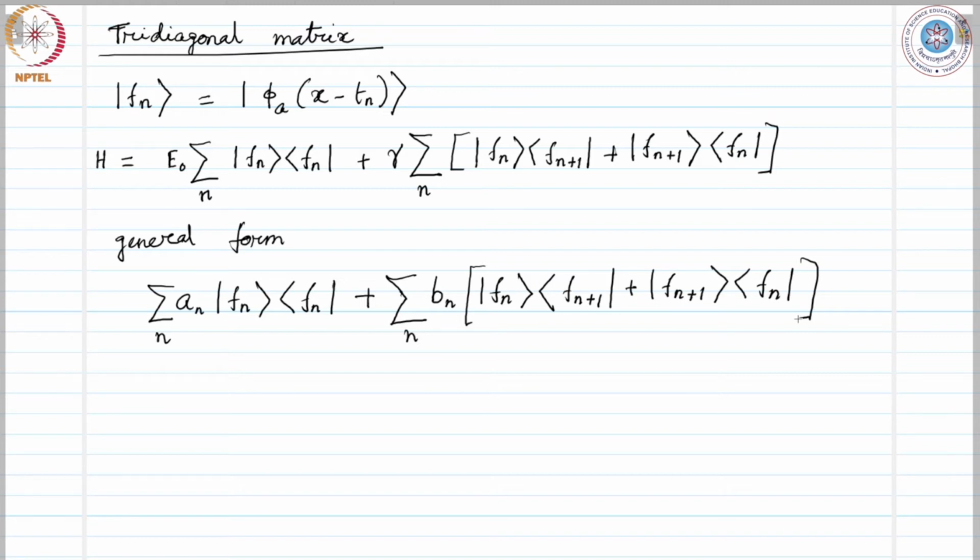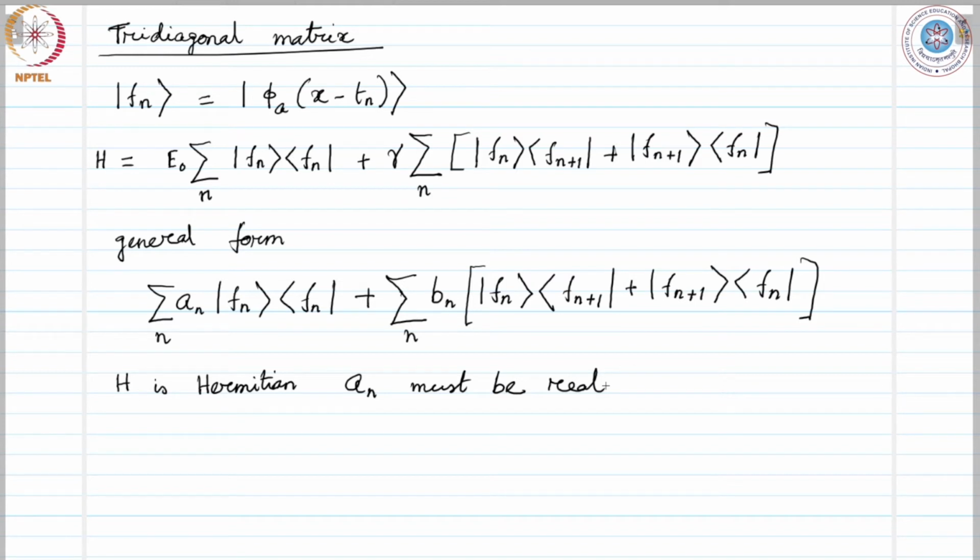We have the Hamiltonian operator as a Hermitian operator. It must be Hermitian. If H is Hermitian, An must be real, because the diagonal elements of a Hermitian matrix have to be real.